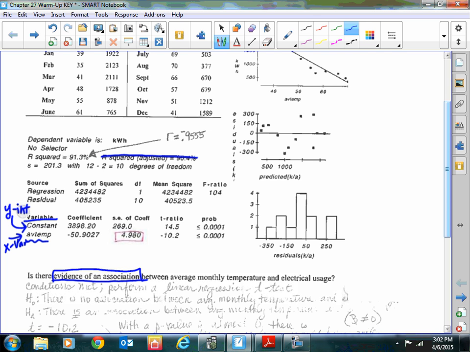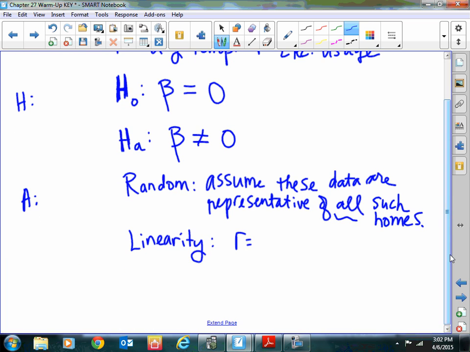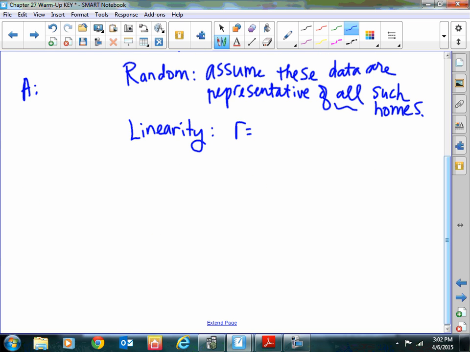So to get R, I'm going to do the square root of 0.913, which is 0.9555. Notice the sign is negative, and the reason that I know it is negative is because the sign of the slope is negative. If you have a negative slope, you have a negative correlation. So I have negative 0.9555.